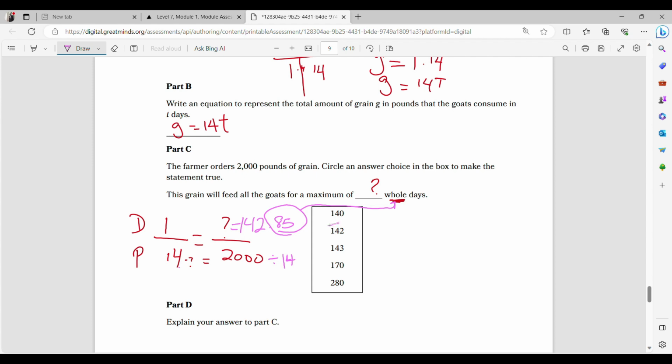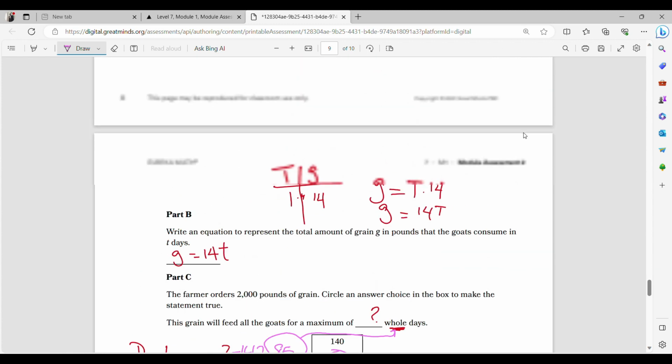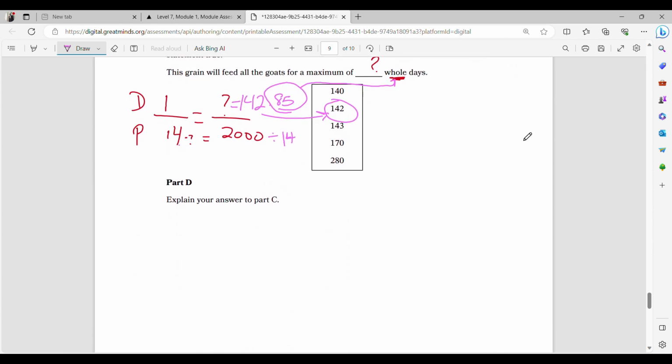So that means this is our answer, 142, because it's not enough for the next day. Got it? And good. Explain your answer. 0.85 is not enough for a full next day.